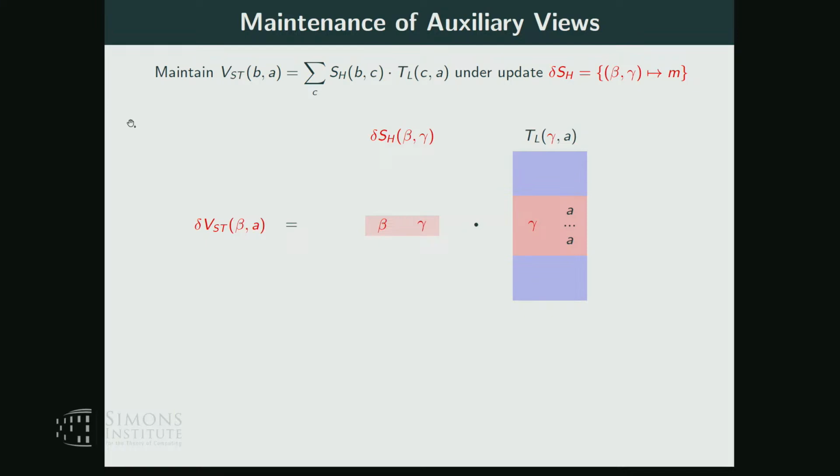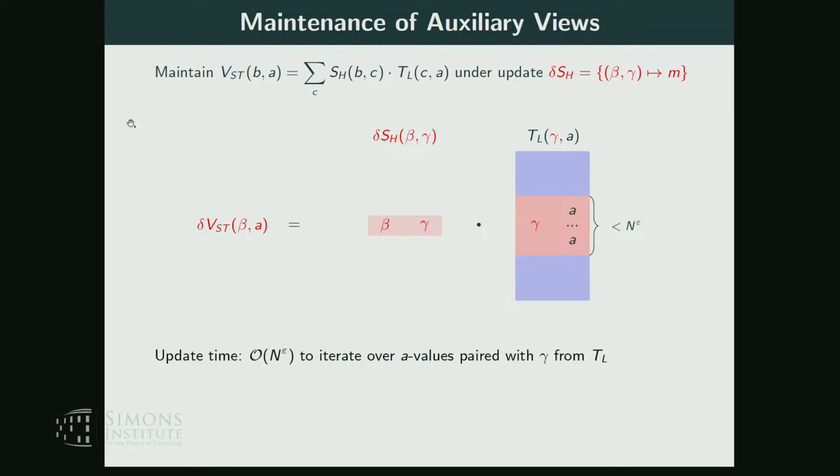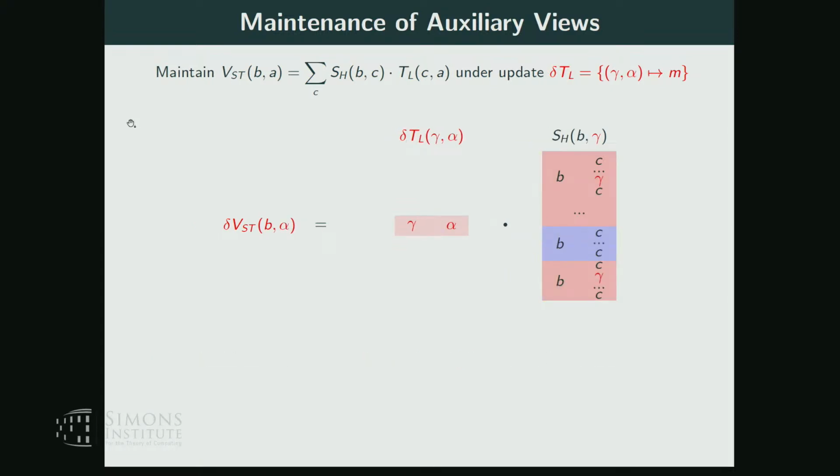Then with gamma, we do a lookup to find the A's. Now gamma being light in T gives us an upper bound on the number of A's paired with gamma. That's actually good. It gives us essentially an n to epsilon upper bound, and that's the time for an update to S. If we want to update T instead, with gamma and alpha, then in S, the number of B's here would be upper bounded by n to 1 minus epsilon because the B's are heavy.